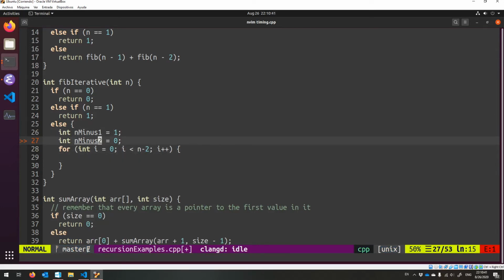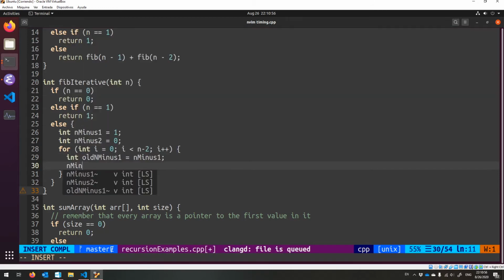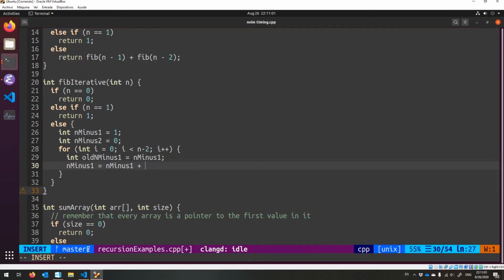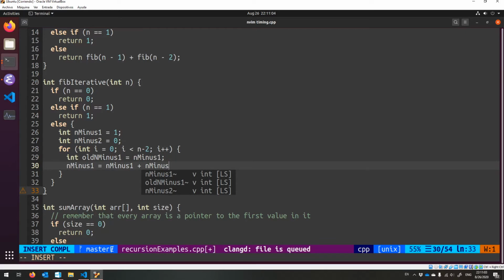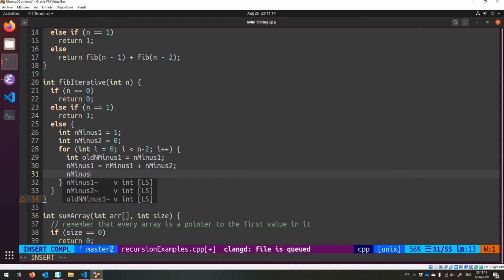Then the new value equals n-1 plus n-2, something like that, and then we need to make the old n-2 now be what the old n-1 was.